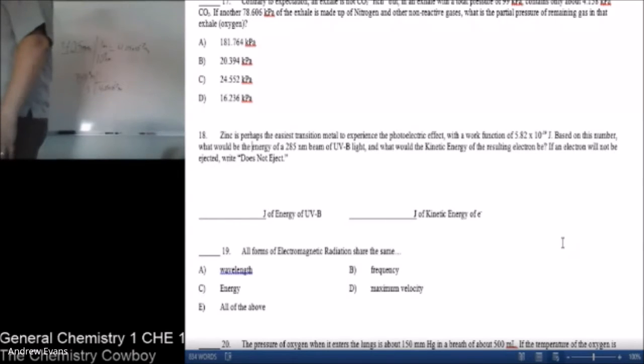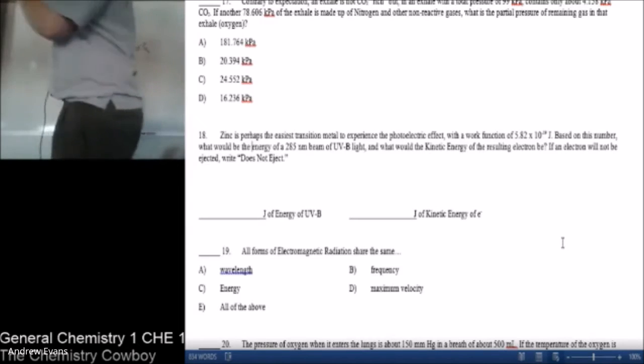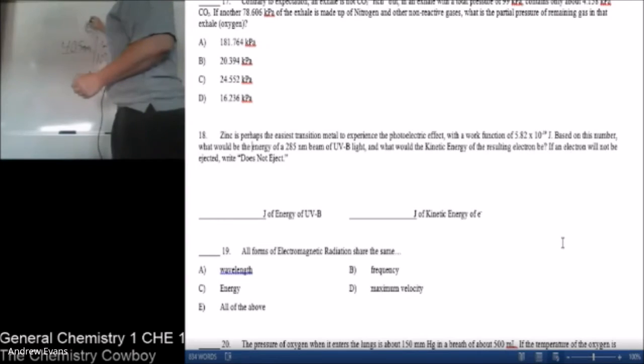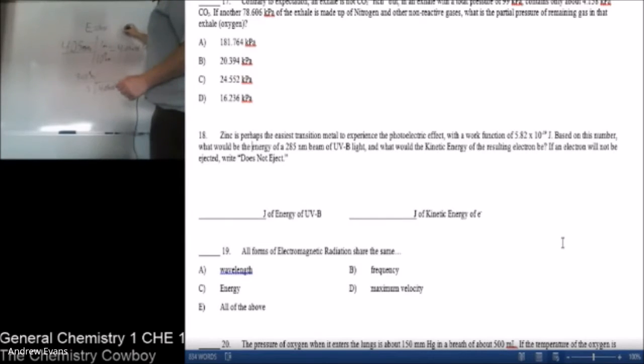And what kinetic energy would the electron shot off have? So essentially, first question, E equals h nu. Calculate that. Second question, kinetic energy equals E minus the work function.